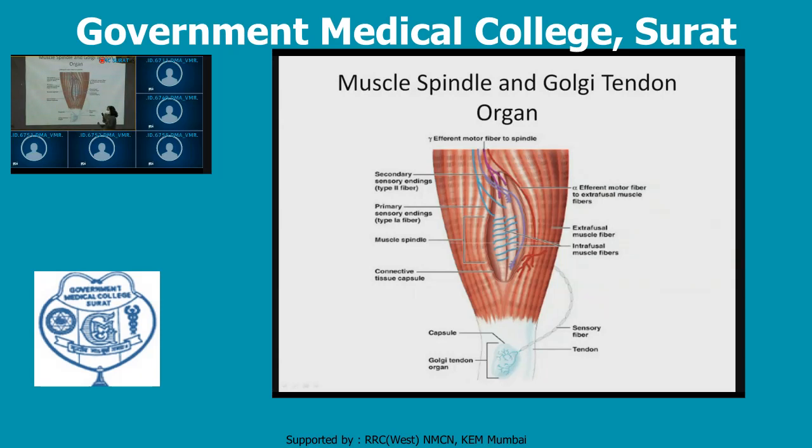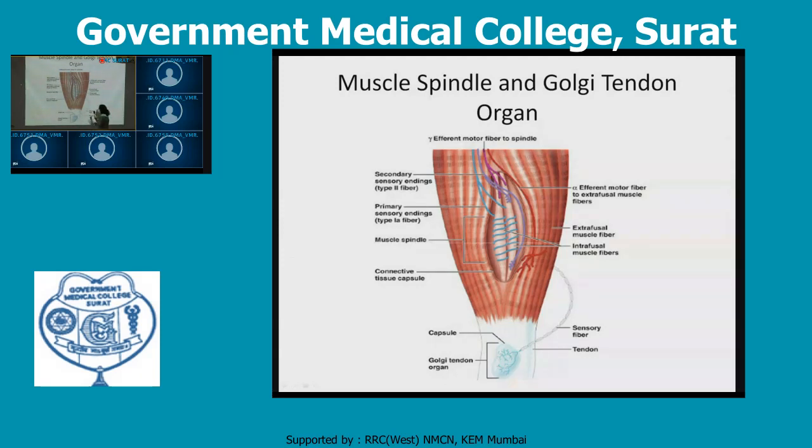It always synapses with the alpha motor neuron via an interneuron, and this interneuron is inhibitory in nature and inhibits the firing of the alpha motor neuron.